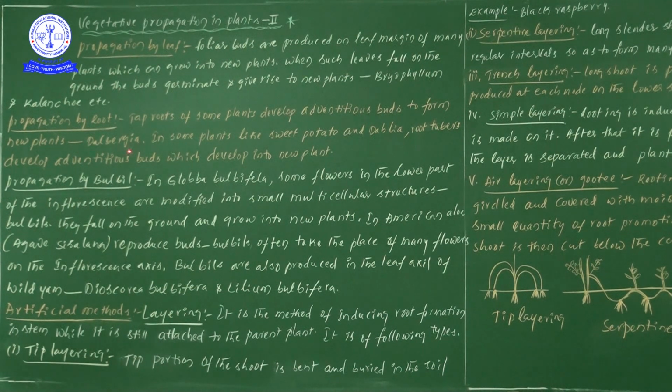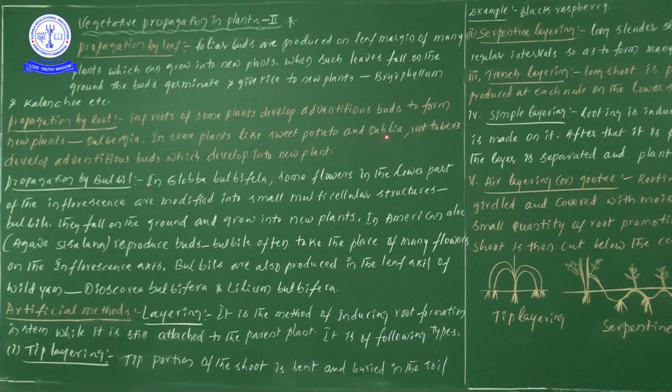The best example is Dalbergia latifolia. In Dalbergia, by the formation of adventitious buds we can see vegetative propagation. Next, in some plants like sweet potato and dahlia. Sweet potato we know very well, scientific name Ipomoea batatas, and dahlia is also a scientific name.